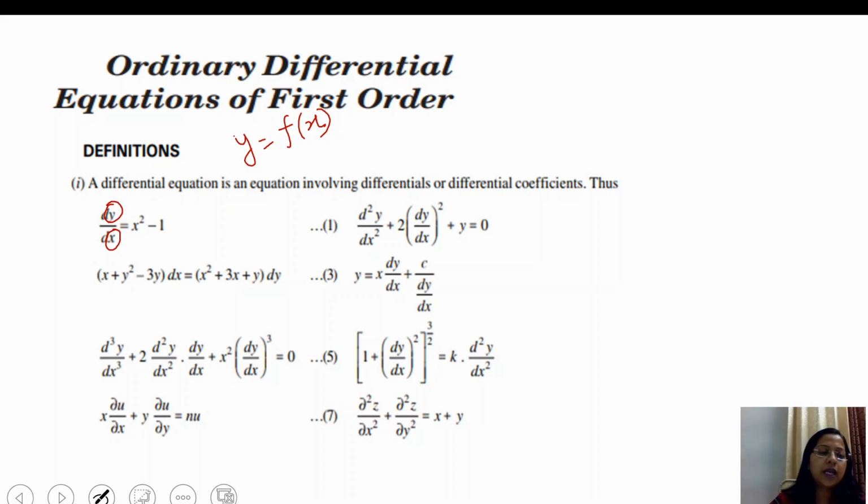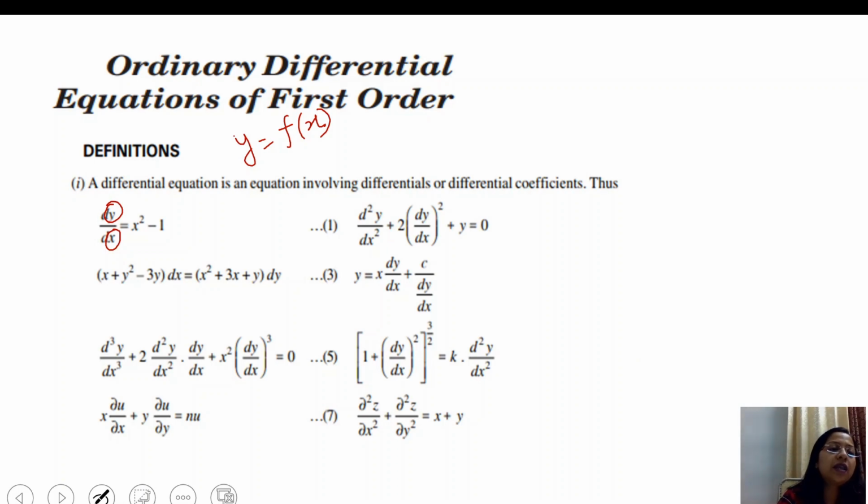Of course, there is one dependent variable having one or more independent variables. Of course, the differential coefficient of the dependent variable with respect to the independent variable is also present.